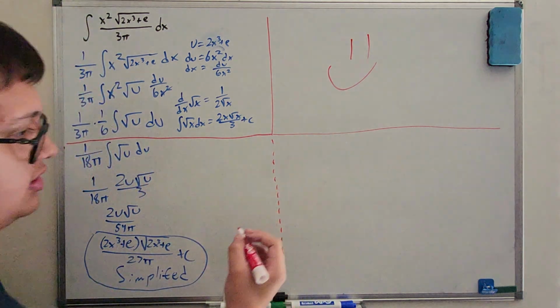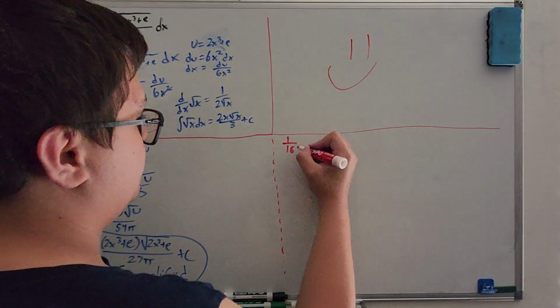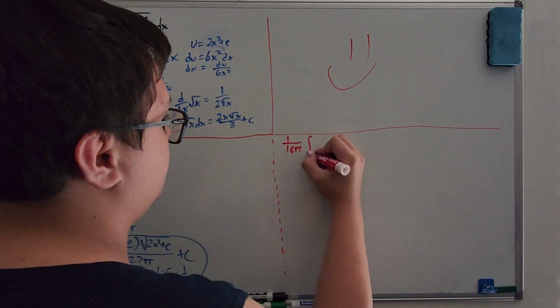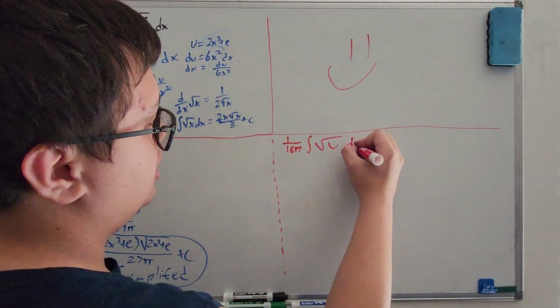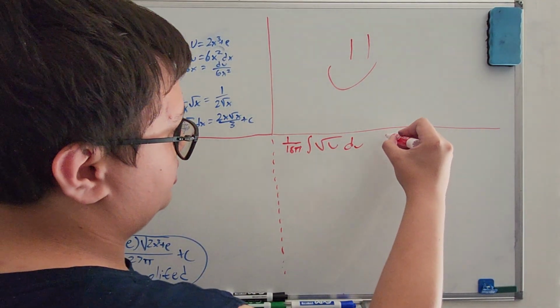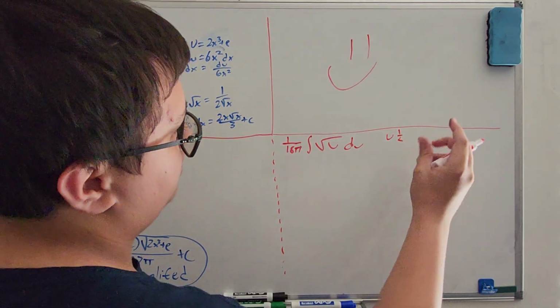So the way that you can put this into exponent form is that you can just do this, and then you can put this into 1/2. So you can do u to the power of 1/2.